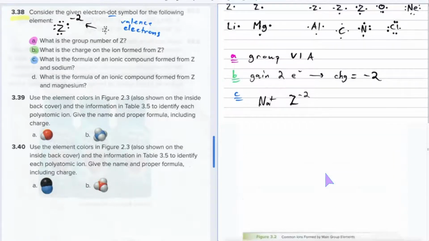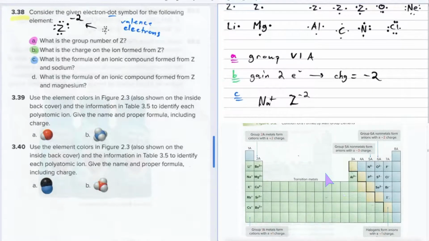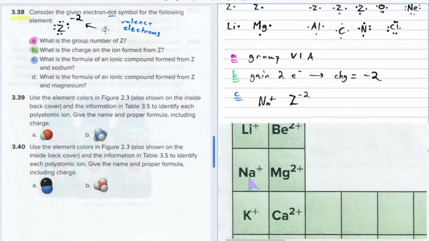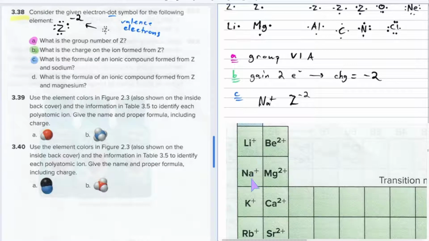There it is. The periodic table tells you the charge that sodium forms. Sodium's in the +1 column. All of these guys, if they form ions, they simply lose that 1 electron. And those guys, of course, would lose their 2 electrons. Okay, so sodium is a +1 ion.